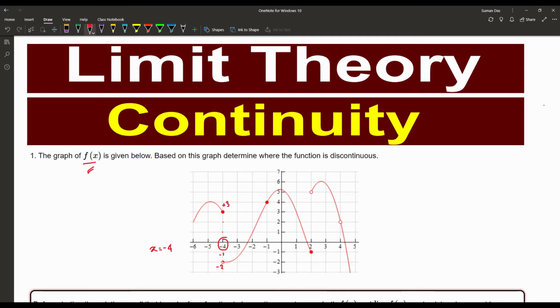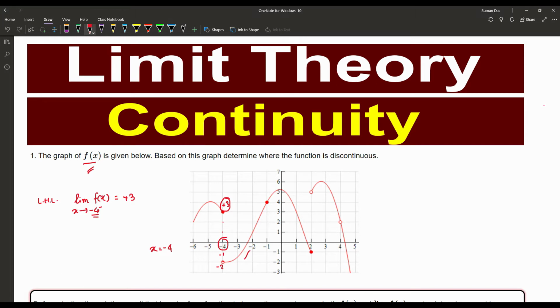So at the point minus 4, the limit as x tends to minus 4 from the left, that is our left hand limit, gives us the result plus 3.